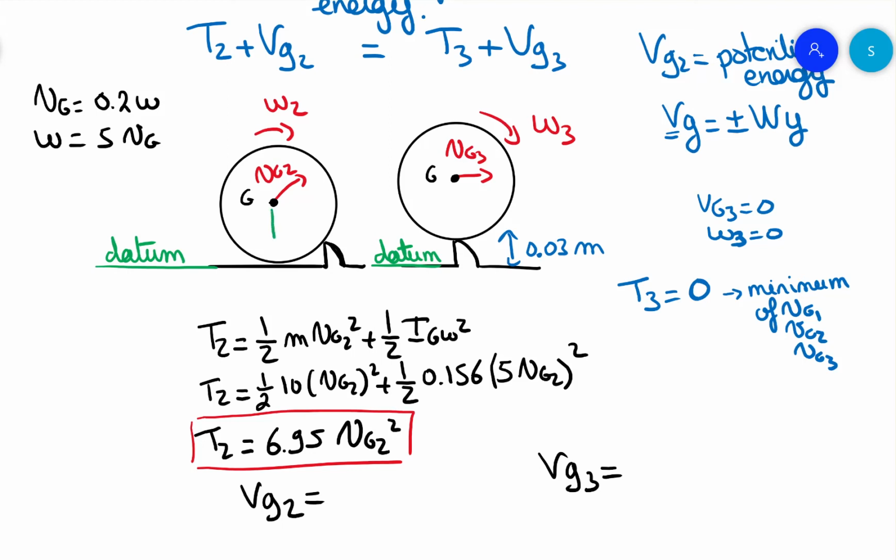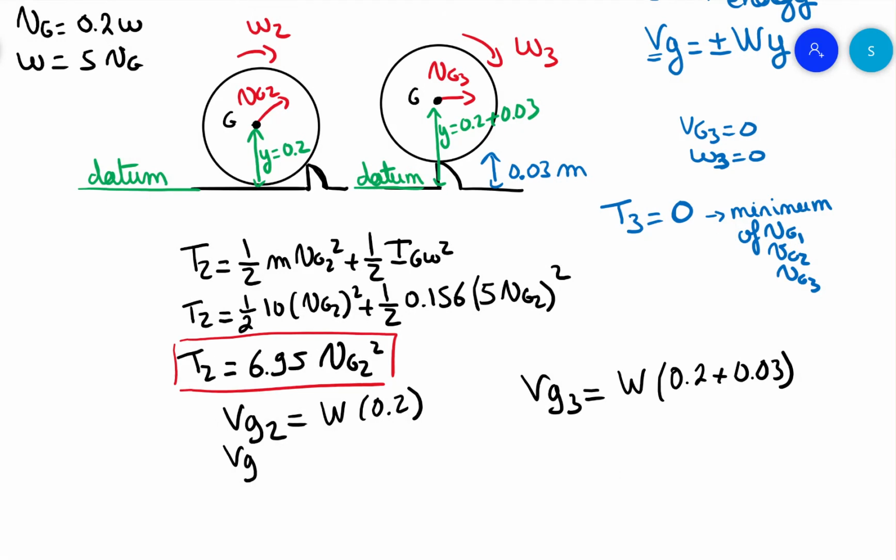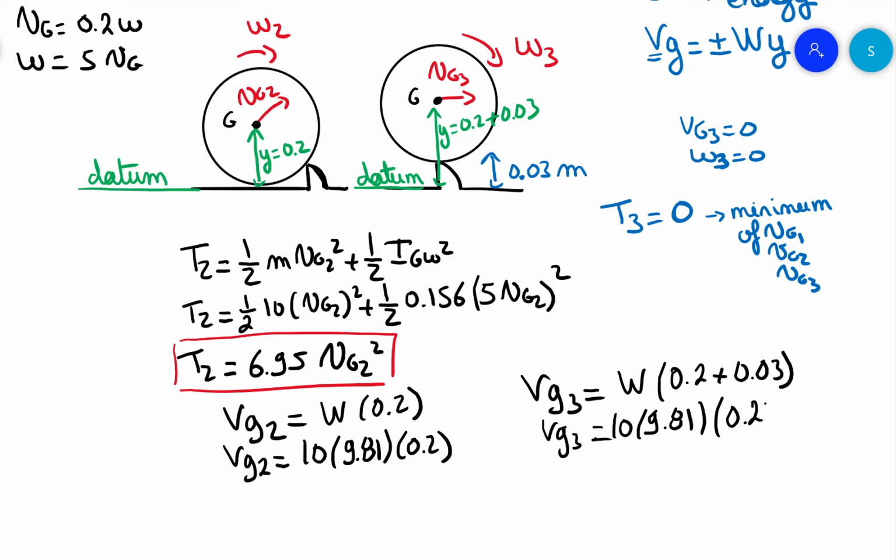So the datum is, this one is the y at 0.2, and in this case the y is 0.2 plus 0.03. So Vg2 is equal to W times 0.2, and this one is W times 0.2 plus 0.03. So Vg2 is equal to 10 times 9.81 times 0.2, and Vg3 is equal to 10 times 9.81 times 0.23.